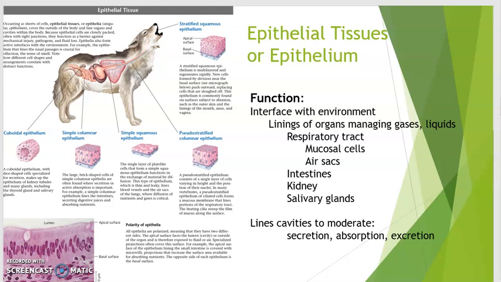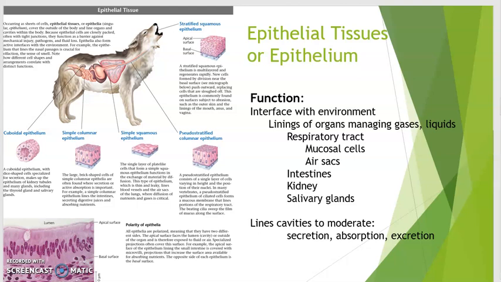When we talk about the function of these epithelial tissues interfacing with the environment, we are talking about lining or covering organs that usually manage gases or liquids. And we were talking about secretory organs, so the liquids certainly fit in there.